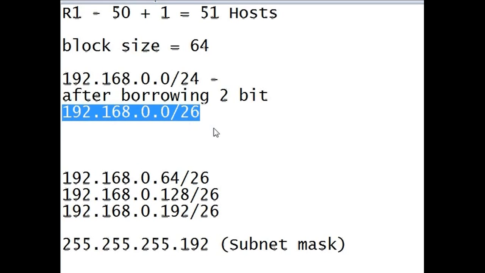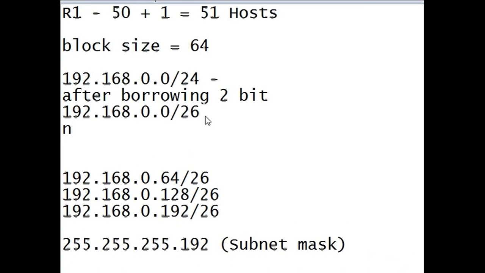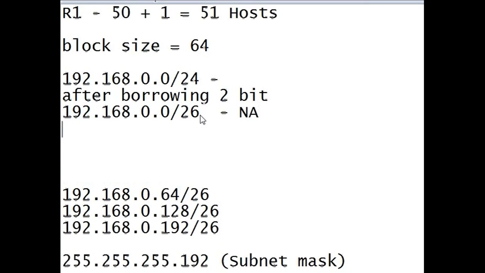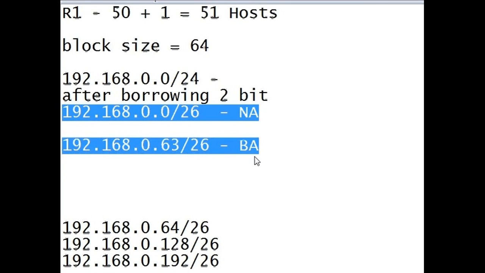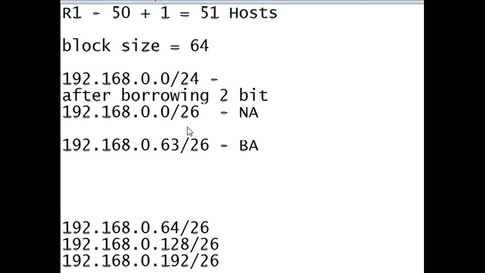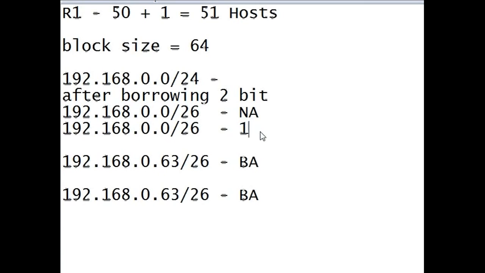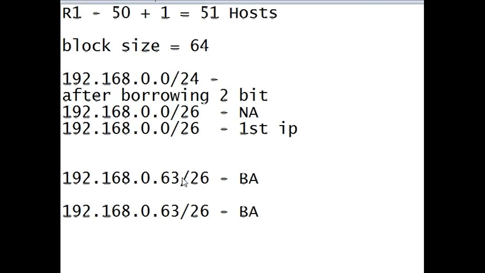This will be my network address, this will be my broadcast address, and excluding these two, this is my first valid IP and this is my last IP.